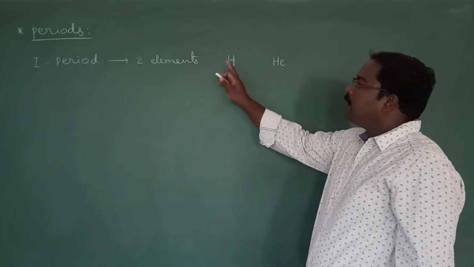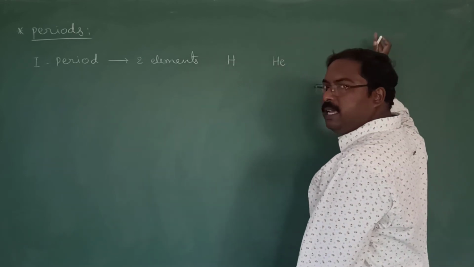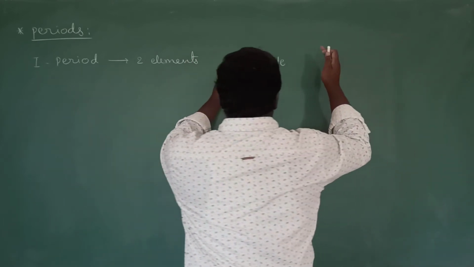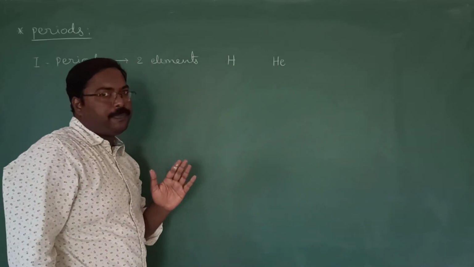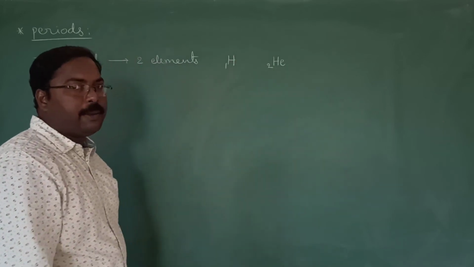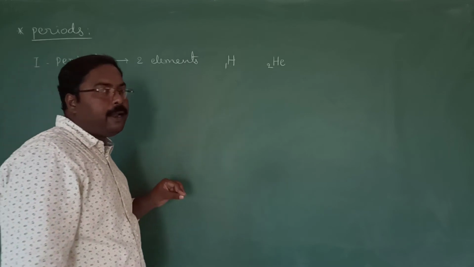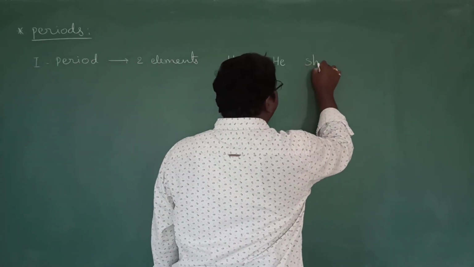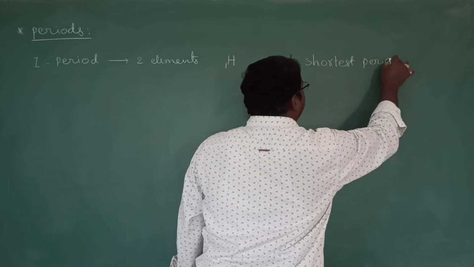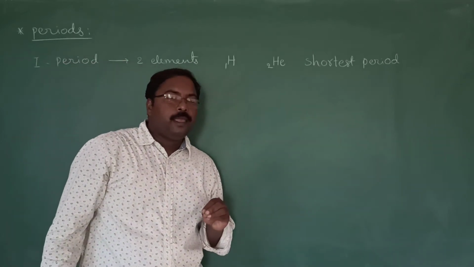It starts with hydrogen and ends with helium. The extreme left hand side is hydrogen, the extreme right hand side is helium. Hydrogen 1, helium 2, atomic numbers. Because of the presence of only 2 elements, the first period is known as the shortest period.